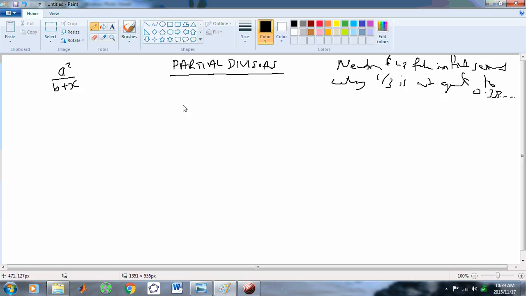Let me do a simple little example first, and then I'll show you how to actually express this in one of innumerably many forms. In other words, there's no end to the number of ways that you can express this when you use the division method with partial divisors.